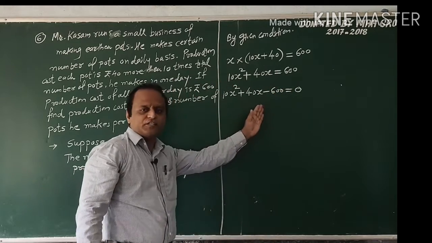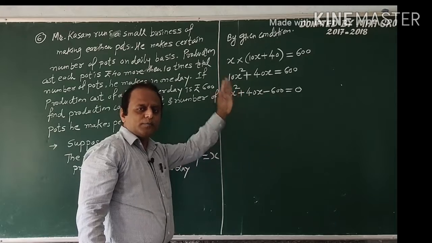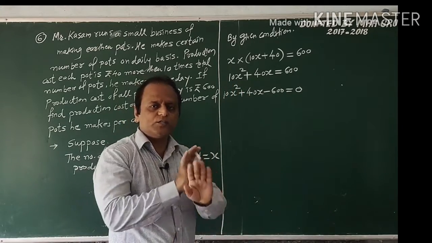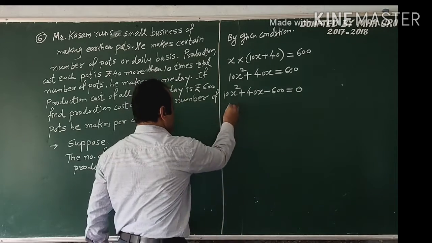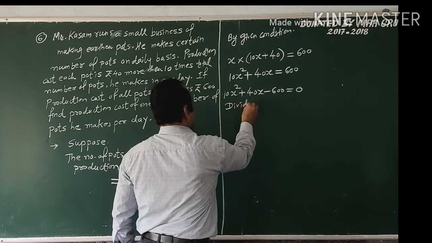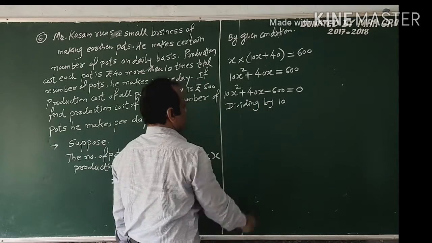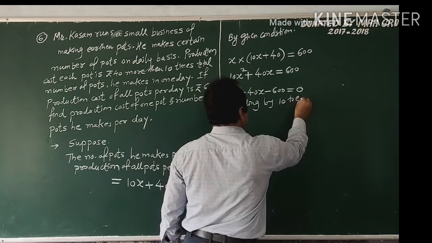This is the quadratic equation. Now to bring this quadratic equation into a simple form, just divide each term by 10.